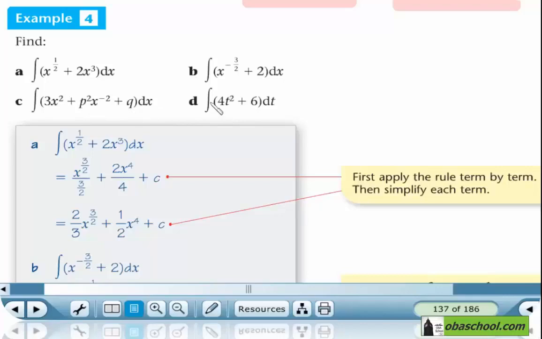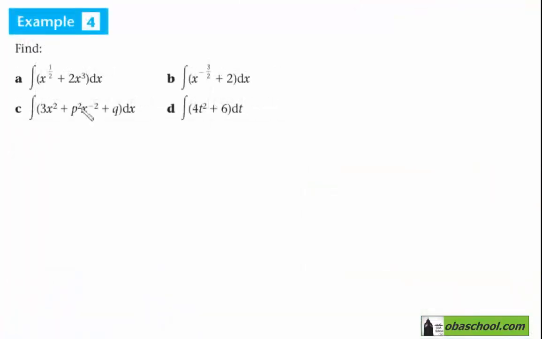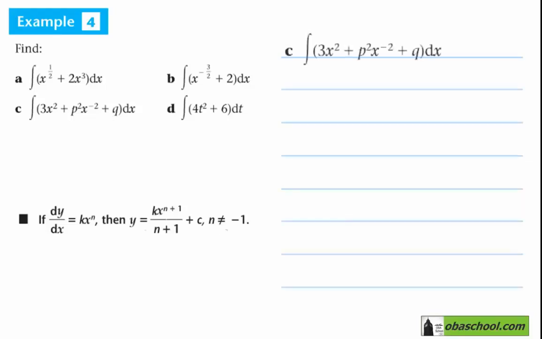Now, let's start with part C. We are asked to find the integration of 3x squared plus p squared x to the power minus 2 plus q dx. As we observe, we have the formula, and this formula is with respect to x.